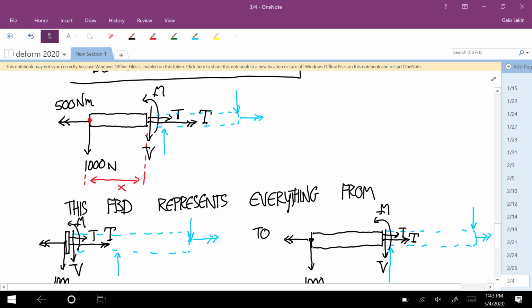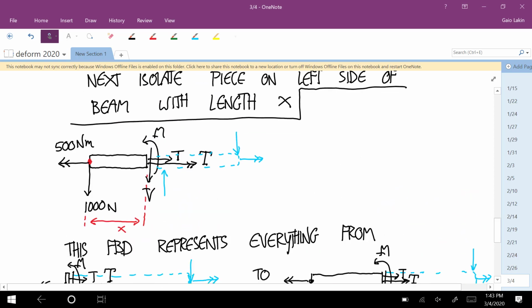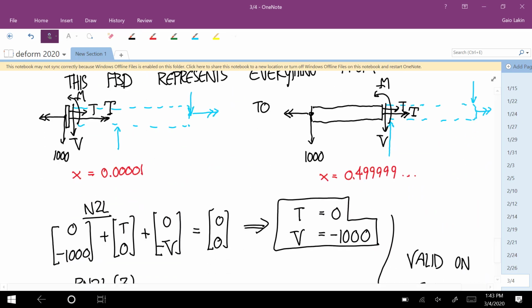Okay, so now, that free body diagram doesn't apply to pieces for x values bigger than 0.5. So now we need a new free body diagram for the second half.